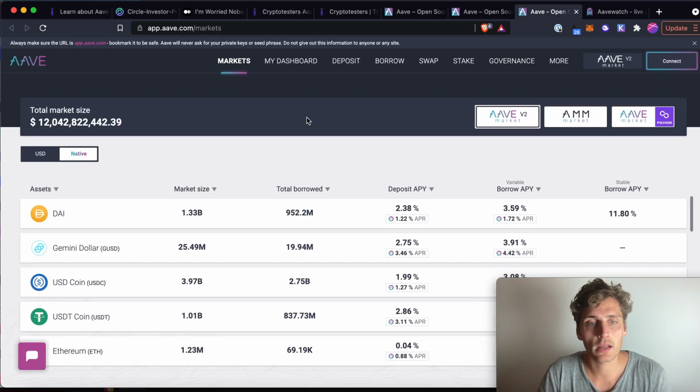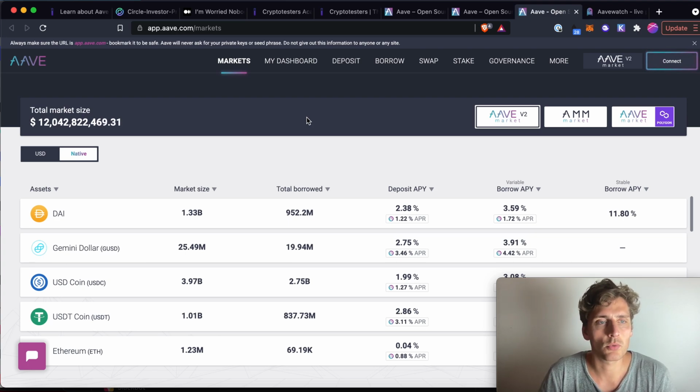And the crazy thing about Aave is that it doesn't rely on any single company running this whole thing, or any humans handing out the loans and taking the user deposits and running all of this. It's 100% managed by smart contracts. So the smart contracts combine the depositors and the borrowers.